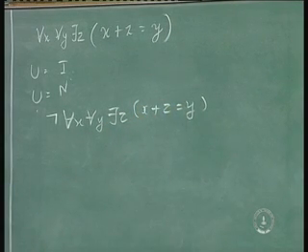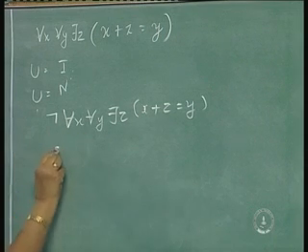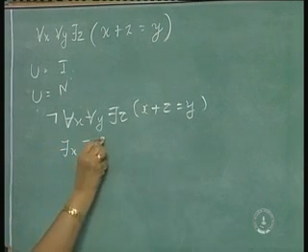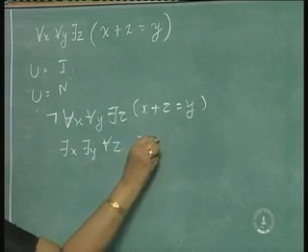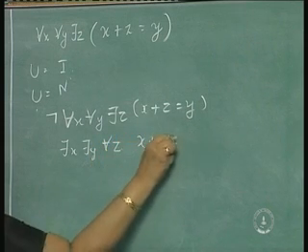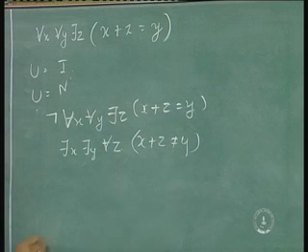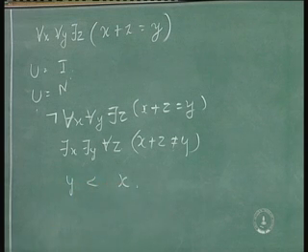But instead of writing this, it is easier to write it this way, bringing the not inside. We can write it as there exists x, there exists y, for all z, x plus z not equal to y. And this is true because you can choose y less than x, and in that case you cannot find any value of z for which this will be true.